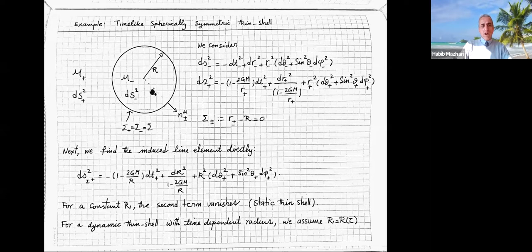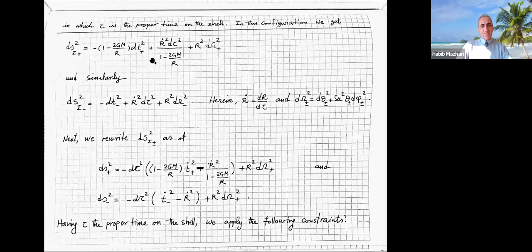So then we consider R to be proper time dependent. In this case, dr will be r dot multiplied by d tau. So this is what happened here. And now, since this is d tau, the proper time, we expect the expression to show it.